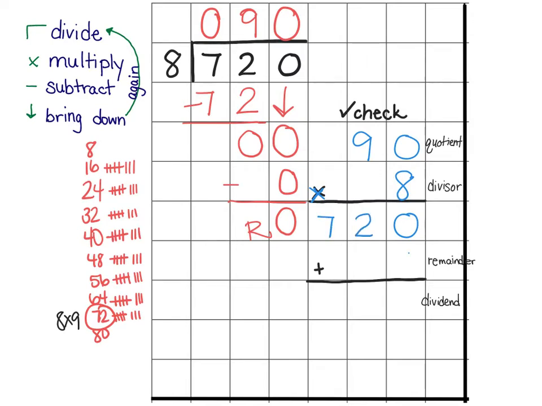We have no remainder to add because the remainder is 0. Our answer is still 720, which is the dividend that we started with.